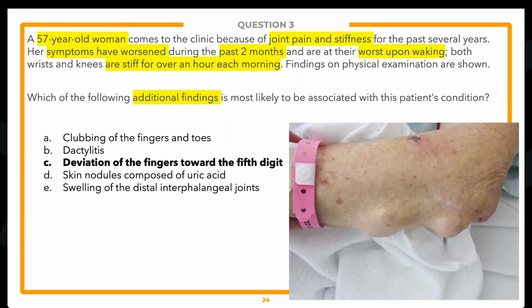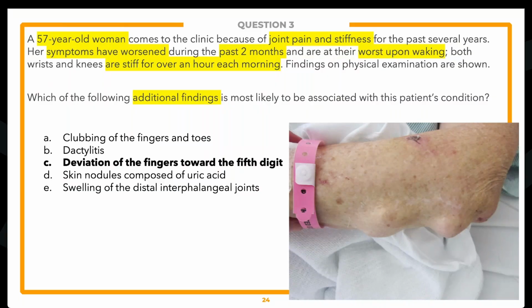So knowing that difference, knowing some of the classic presentations and separating them is important. Also, rheumatoid is very classically symmetrical, affecting both wrists, both knees. Okay. And what are we seeing in this picture here? These classic findings of nodules seen in the body.